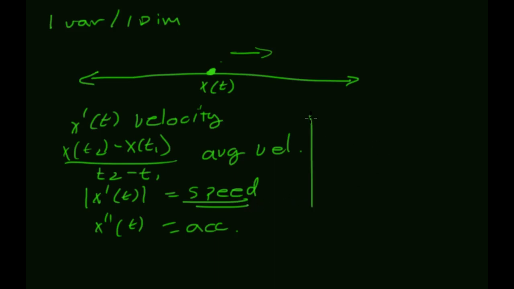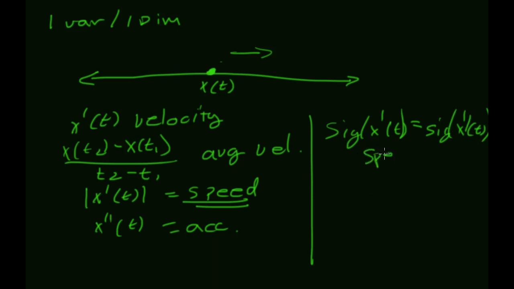Okay, a quick note of something. If the sign of x prime of t is equal to the sign of x double prime of t, so the acceleration and the velocity have the same sign, then speed is increasing.